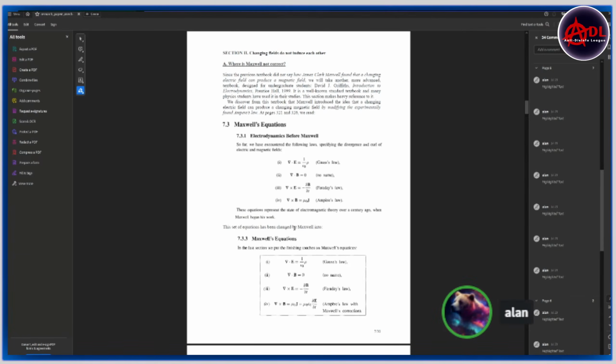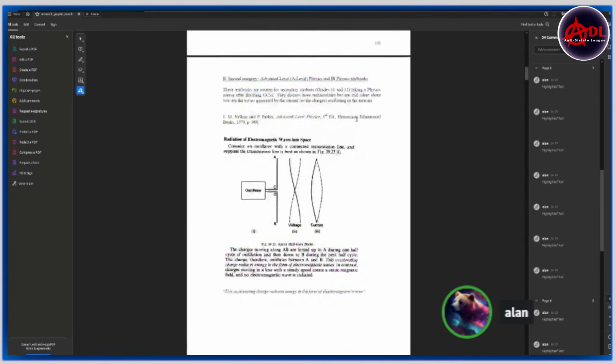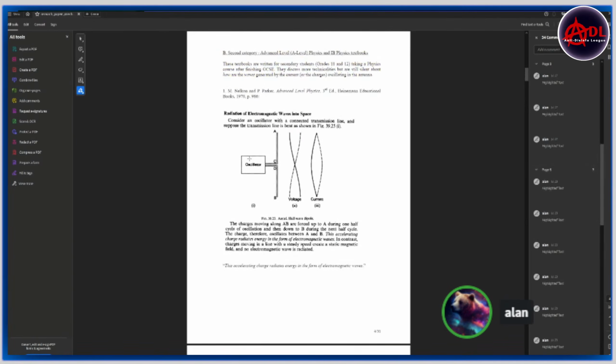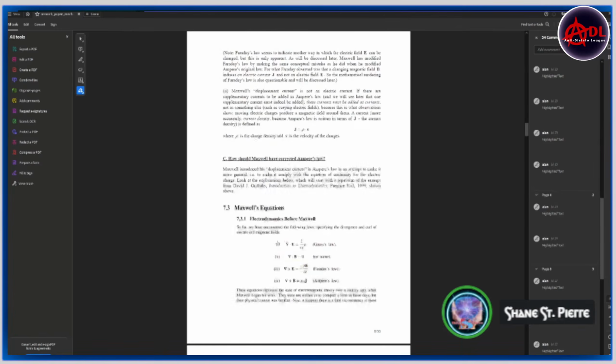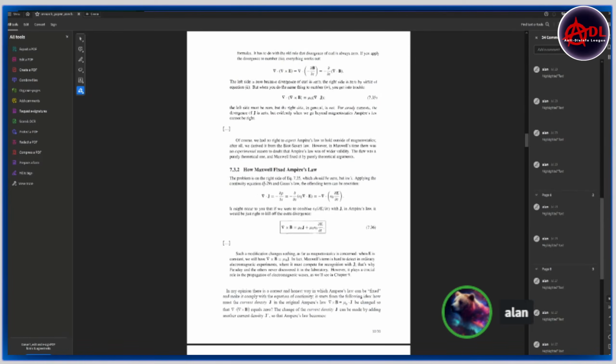But there's never been an experiment to show that an electric field can self-induce a magnetic field, so it can't create a wave like that. That's what this guy's whole paper was about. He goes over radio wave propagation and the changes to the equations. It's a very interesting paper.